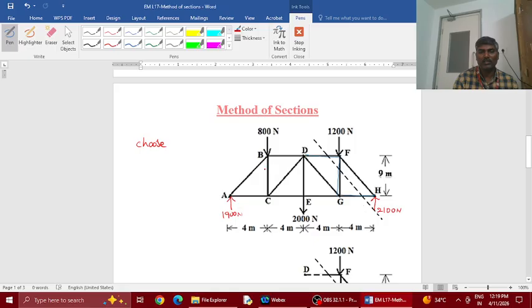The part you choose is the one which has less number of forces. Now you see the right part has less number of forces, so I choose the right part of the truss.